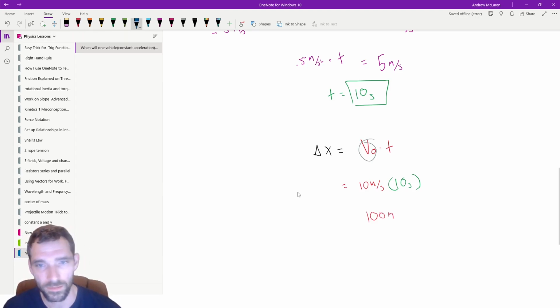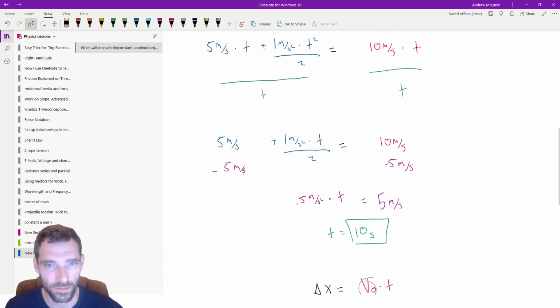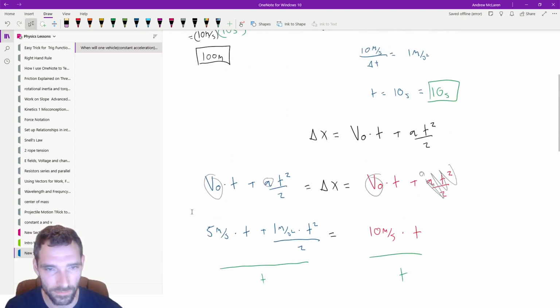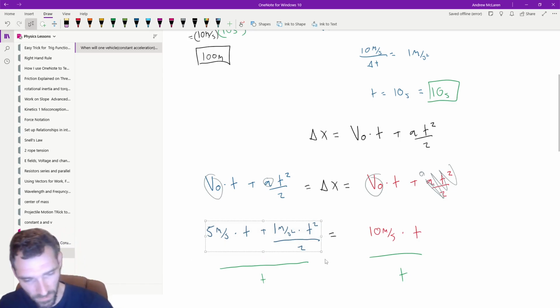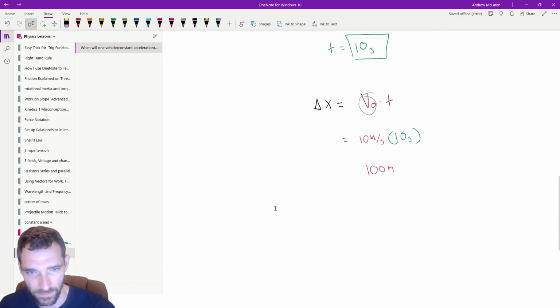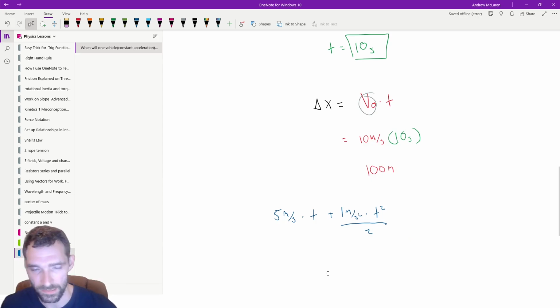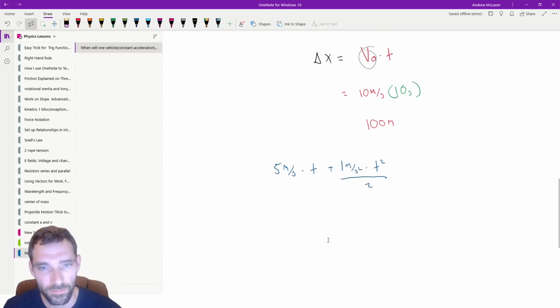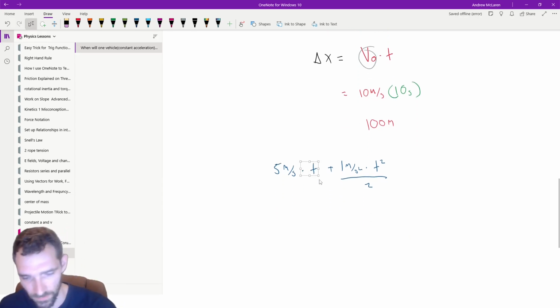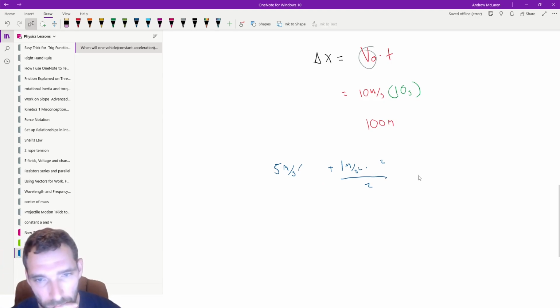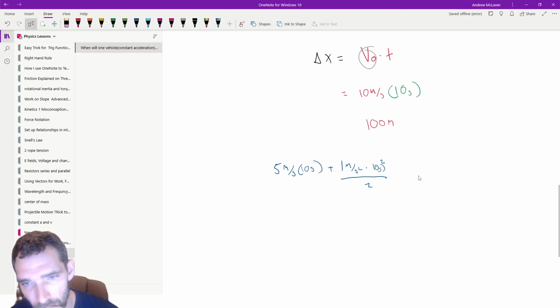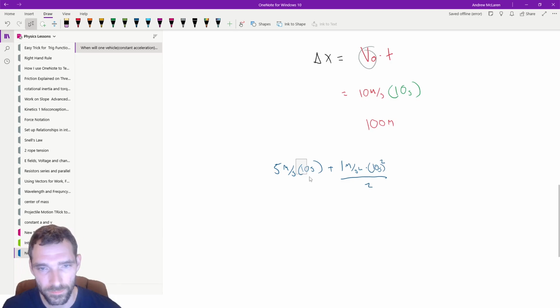You could also do it with the numbers that we had here for our blue motion, and that would also work out. In theory, it should give us the same number, because we now know that this is 10 seconds for both of those times.